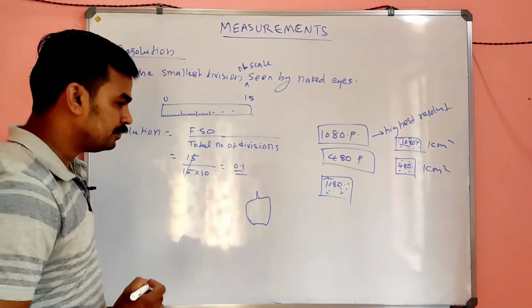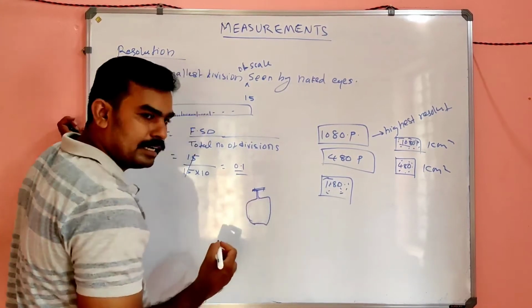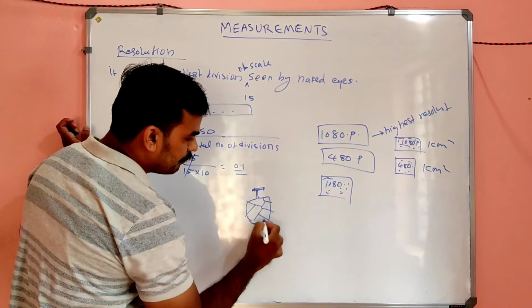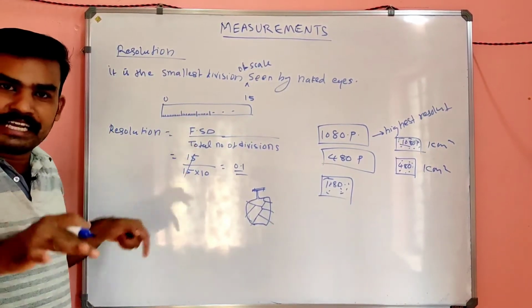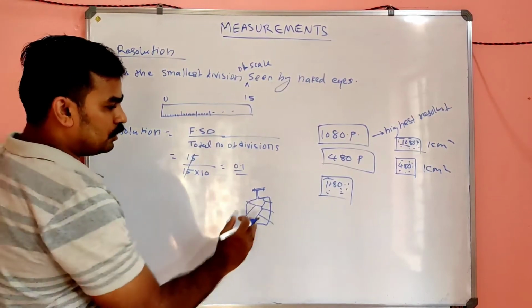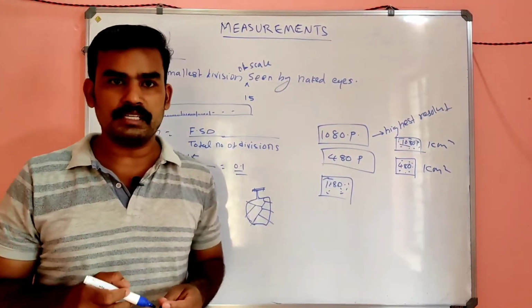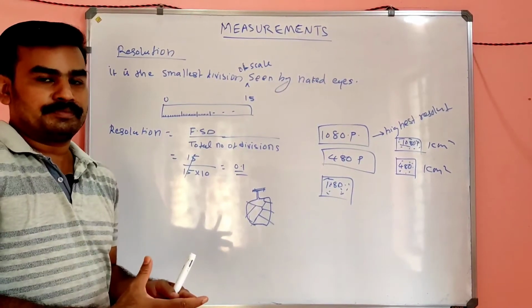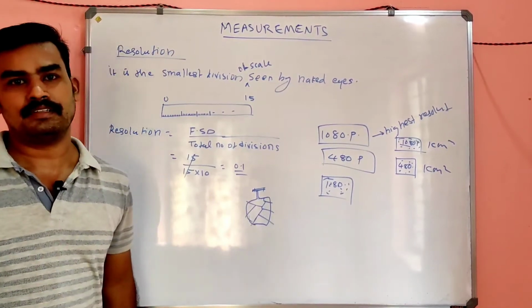This is divided into small groups like this, and we have to join them to get the full figure. If the number of pieces is very high, and you join them together, you will get a crisp image.